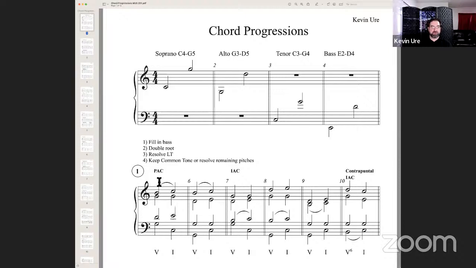And so the other concept here is the perfect, authentic, and imperfect. Why would scale degree 1 have to be in the soprano for the 1 chord? In order for it to be perfect, you have to have scale degree 1 in the soprano, and then you should have stepwise motion leading into that. So that could either be a B up to a C or a D down to a C. But in the perfect authentic cadence, typically it is a B moving up to the C because the leading tone has to resolve.